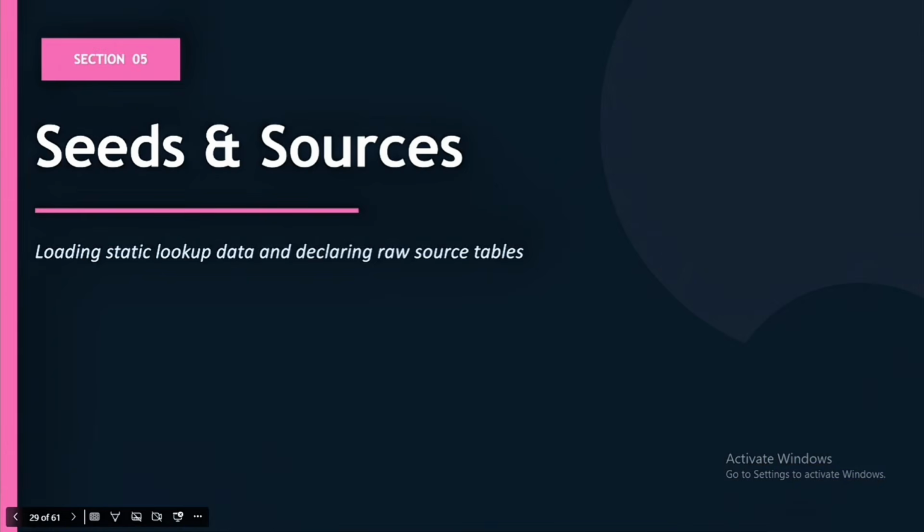Welcome to section 5, seeds and sources. Seeds and sources are two distinct but related features in dbt, and together they handle two very different types of data that every real project needs. Seeds handle static and slow-changing lookup data like country codes, product categories, or cost center mappings, whereas sources handle your raw incoming data from your external system.